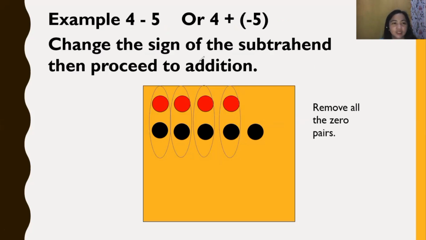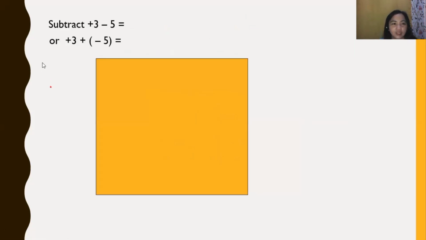Now, let's proceed to the next example. Subtract positive 3 minus 5. So, what we need to do is to rewrite positive 3. Then yung minus will become plus, and positive 5 will become negative 5.